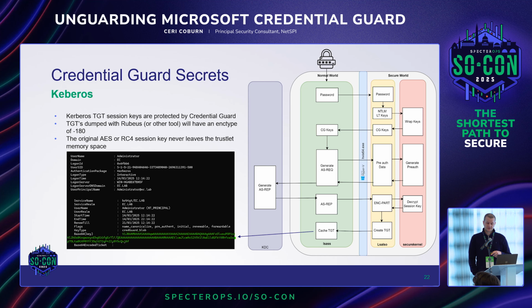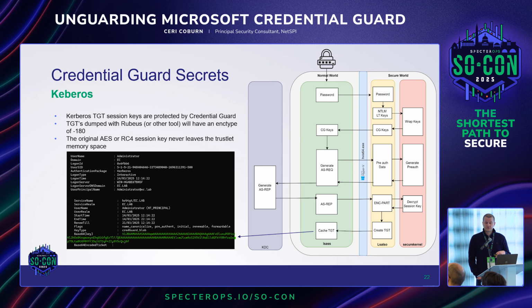Now, one of the things that's quite interesting here is that you can't extend anything within the secure kernel. I don't think there's any feasible way of loading kernel drivers in secure kernel. It's purely isolated. So it means the trustlets running inside VTL1 don't actually have access to those keys either. It's only the secure kernel that has access to those keys.